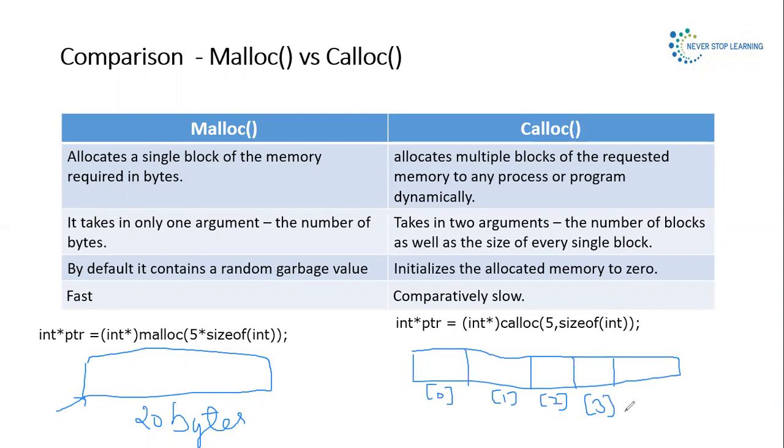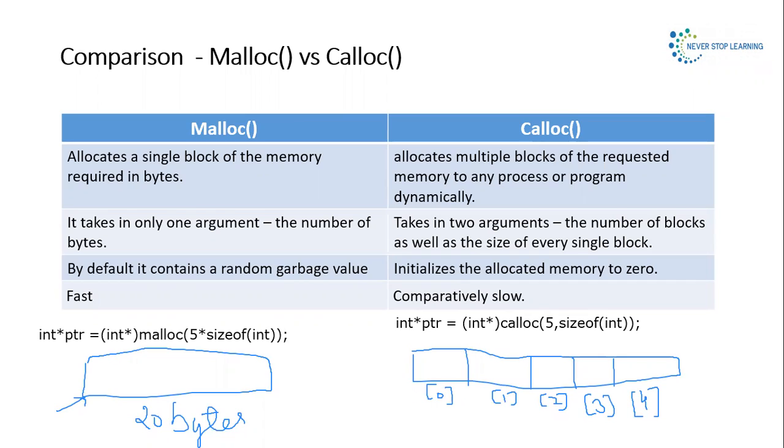So 5 blocks of 4 bytes will be allocated, because the size of an integer is 4. This is how memory allocation differs between malloc and calloc.